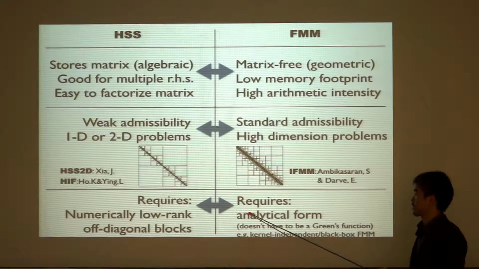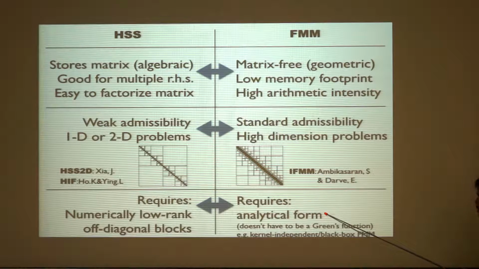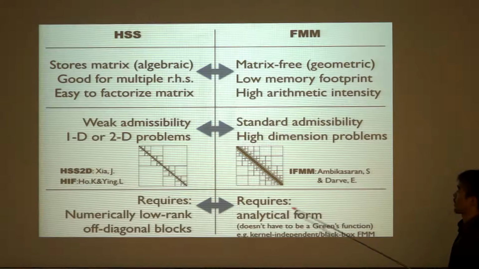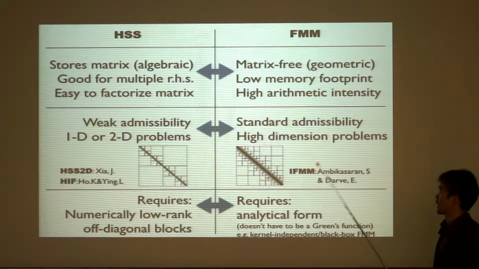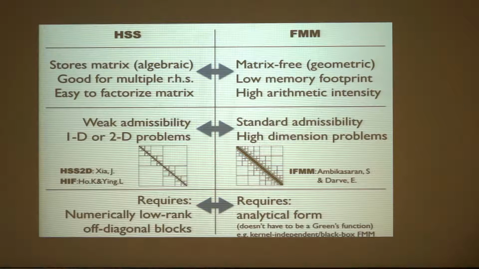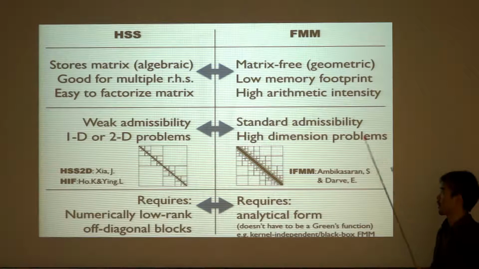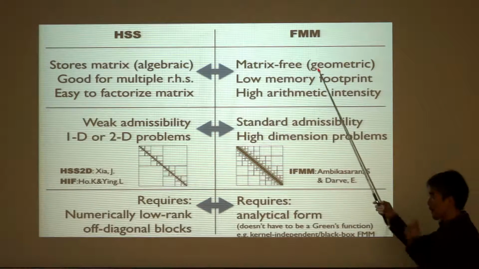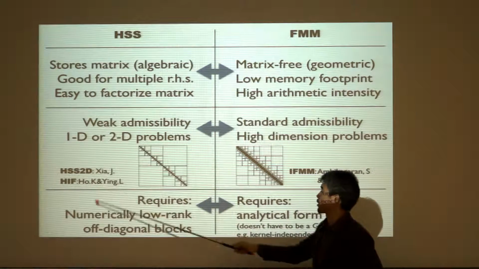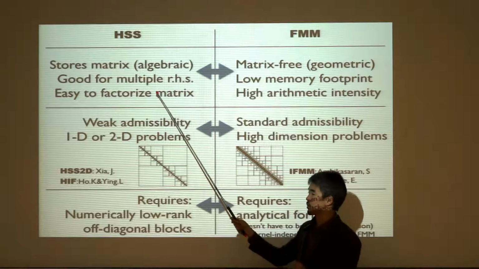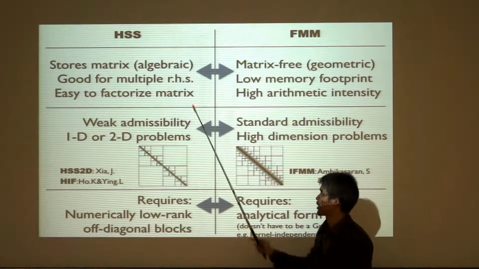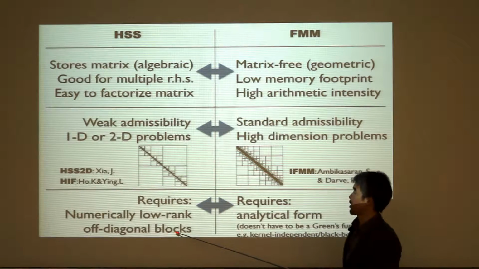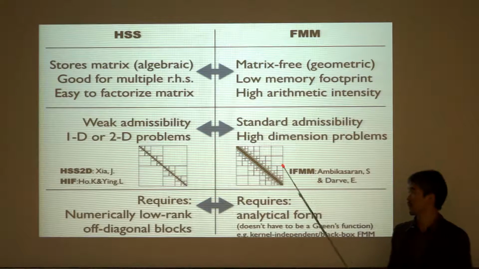So without that, just given a pure dense matrix, black box without any information at all, then you cannot do this kind of geometric variant. So those are the two differences. So in most of my lecture, in the past 4 days, I've just been talking about this one, but now, since this is a linear algebra course, I'm coming back to a linear algebra representation of what the fast multipole method could be.